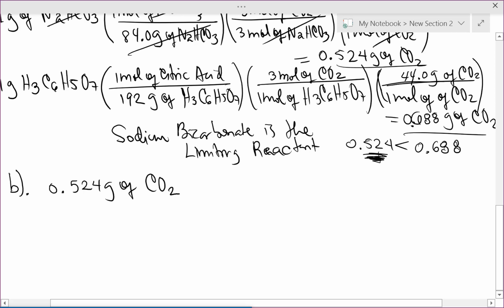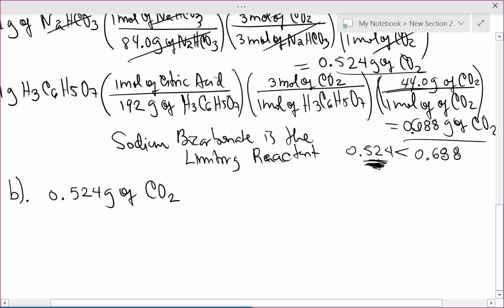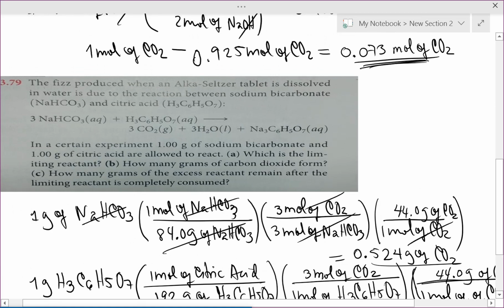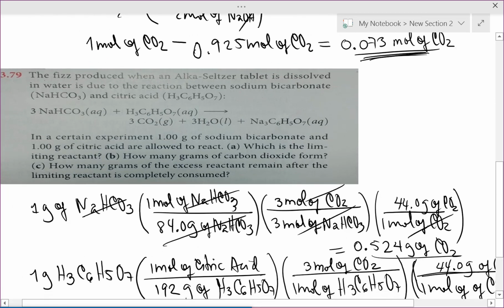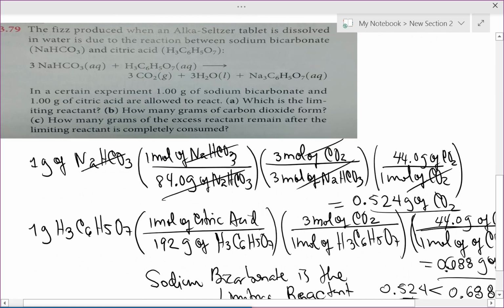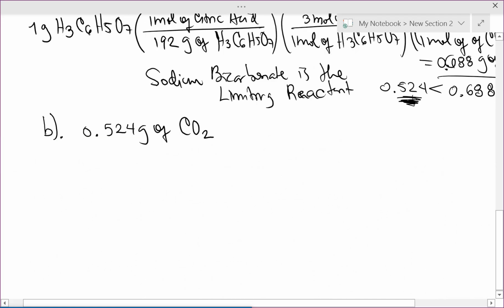So now let's solve the last part. The last part says how many grams of the excess reactant remain after the limiting reactant is completely consumed. So let's work on the last part.